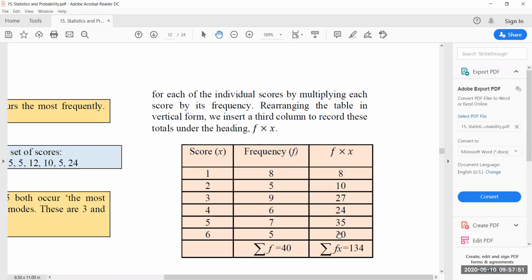If we want to find the mean, how are we finding it? Based on that information here, how do we find the mean? Anybody want to tell me?